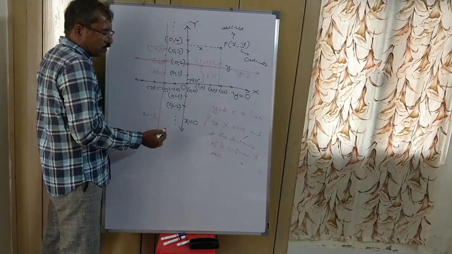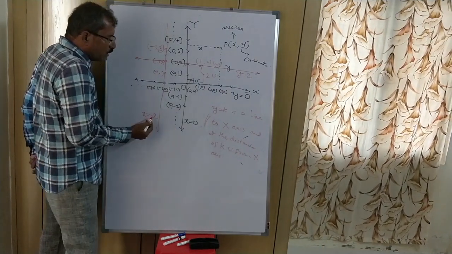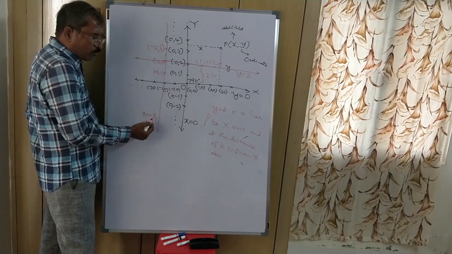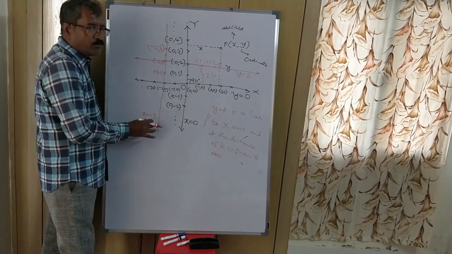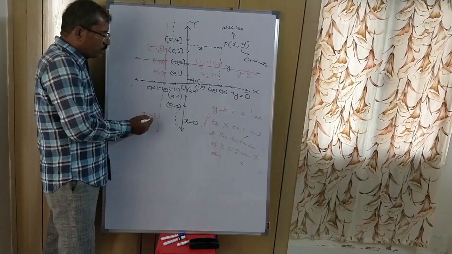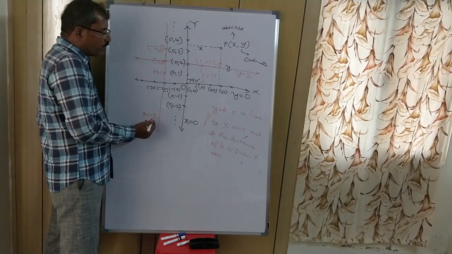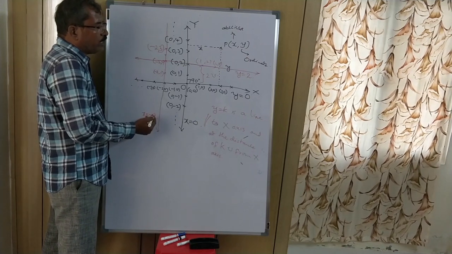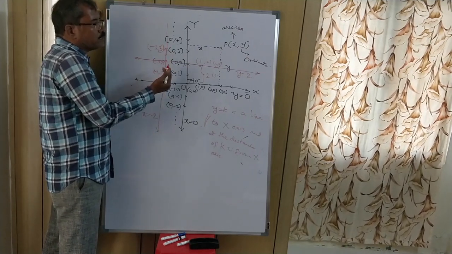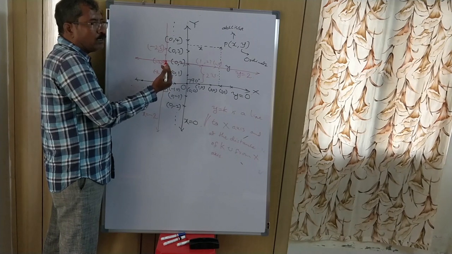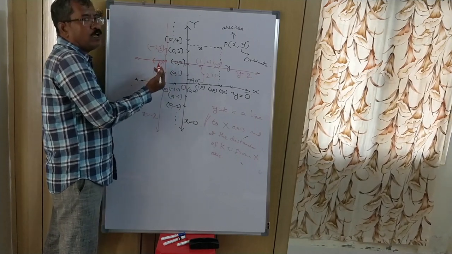Will it be negative or positive? The distance will be positive only. The sign denotes the direction where it is located. If x is equal to minus 2, that means the line is parallel to the y-axis and on the left side of the y-axis.